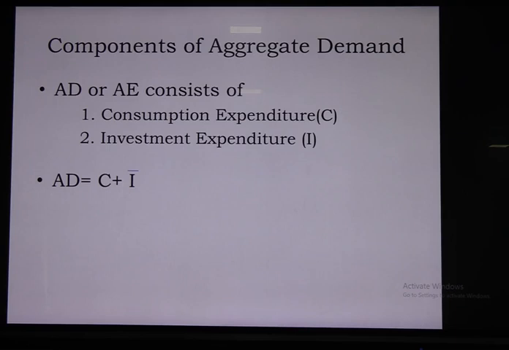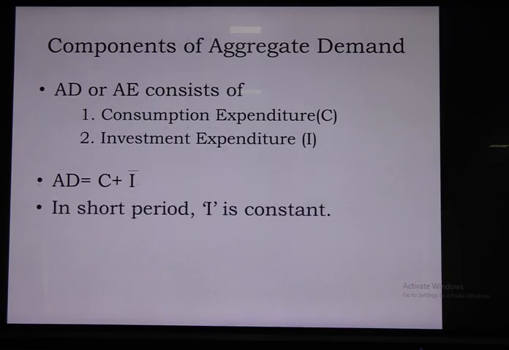You can see that there is a bar above I. That shows that I is constant. It is not possible to change I suddenly or in the short period. In the short period, I is constant. Therefore, AD is equal to C. Aggregate demand is equal to consumption expenditure.